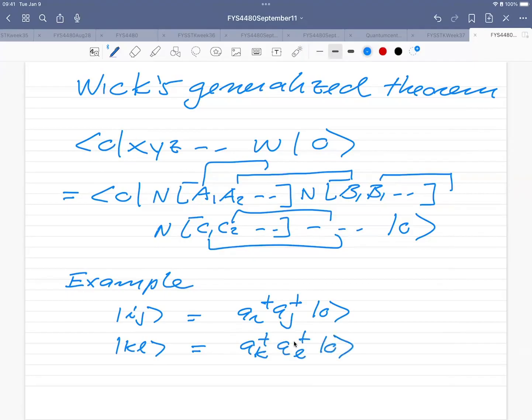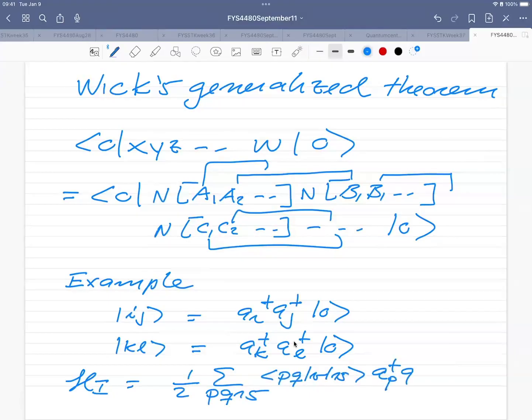And then we looked at the two-body operator, which is given by 1/2, and this is just a sum over all the possible single particle states, all possible ones, which you have used to define your full Hilbert space or an effective Hilbert space. And then we have the integral RS, and then we have AP dagger AQ.